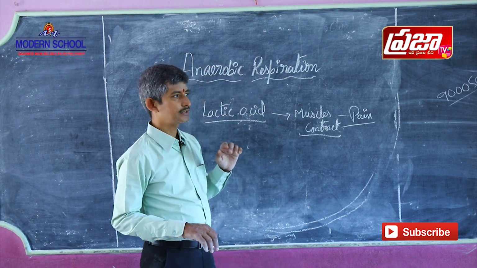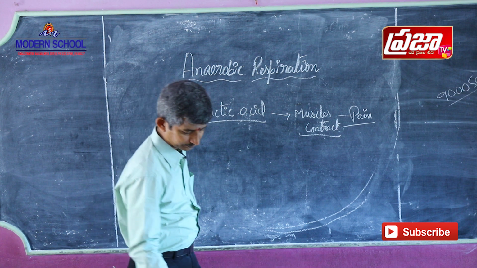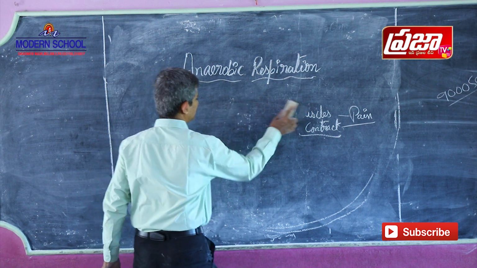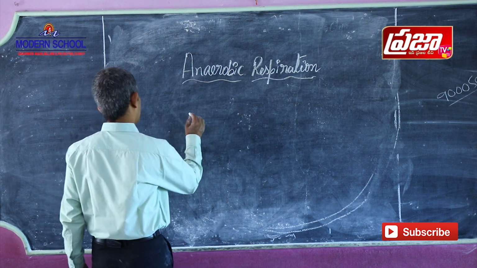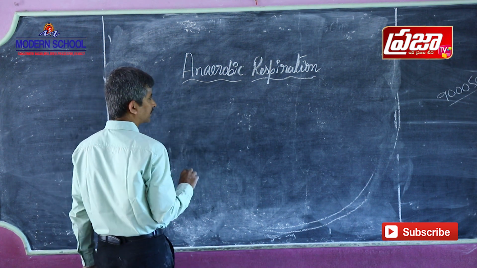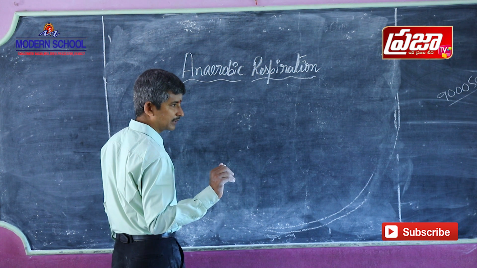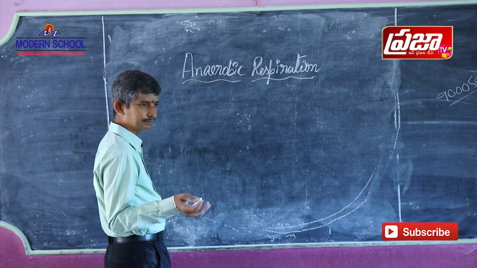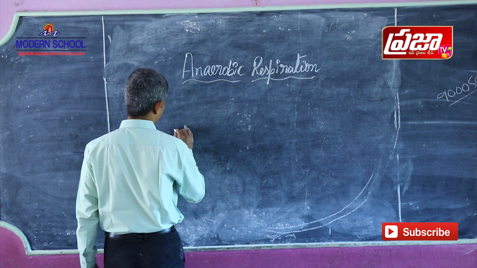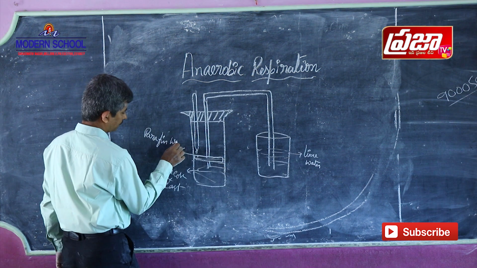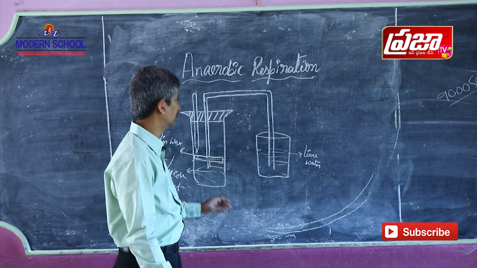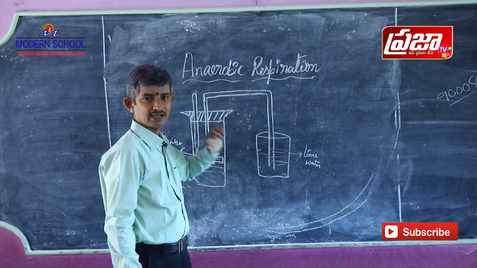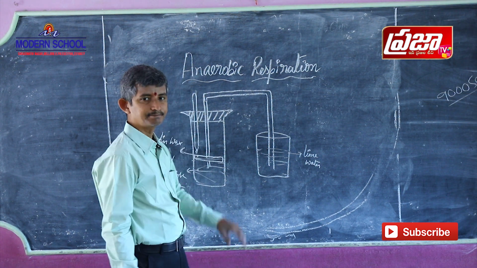This anaerobic respiration we can see through an activity. They say that carbon dioxide is released during anaerobic respiration. How can you prove that? Now, for the anaerobic respiration example, they give this activity.